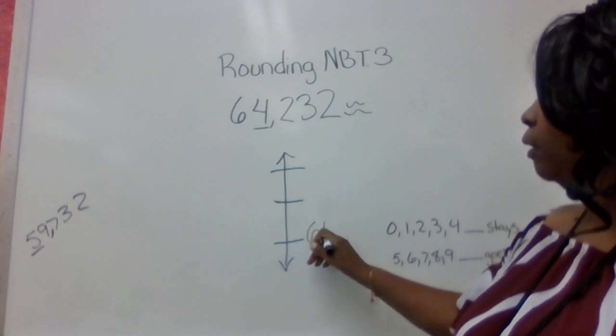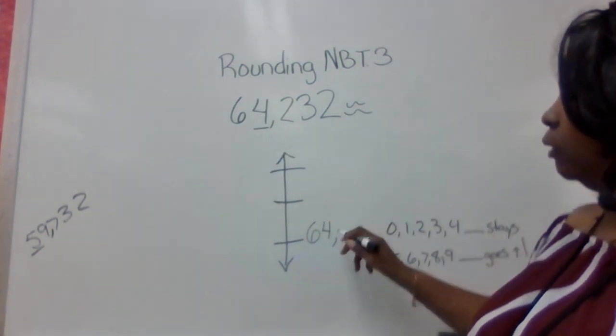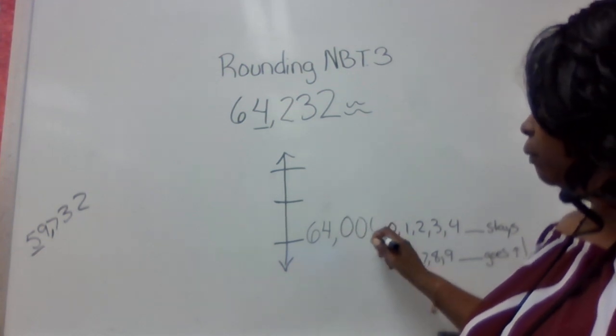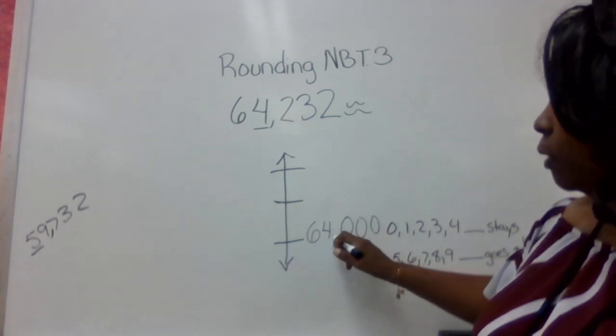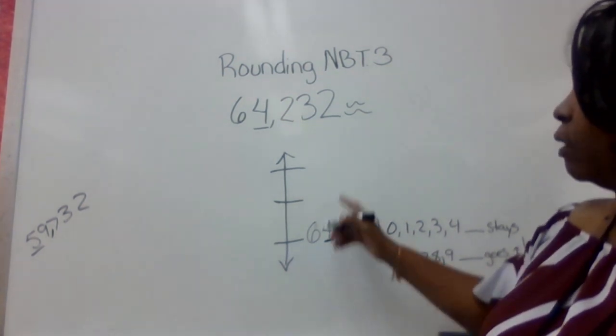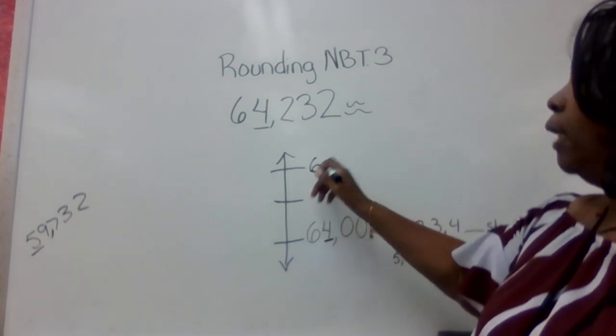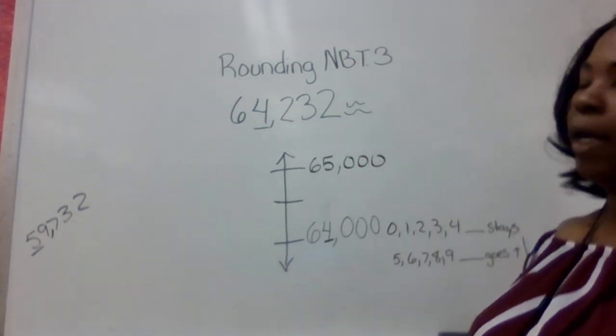So you have 64. Everything after the underline goes to a 0. So 64,000. So when we do our maximum or our top number, we're just going to do 1,000 more. So what's 1,000 more than 4? You got it, 5. So it is 65,000.